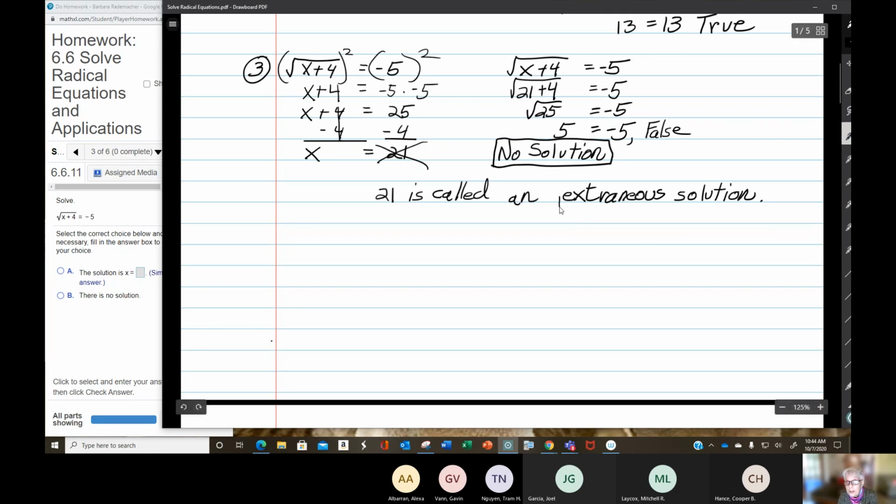The heart of this word is the word extra. It's an extra number that got thrown in as a result of our squaring both sides.